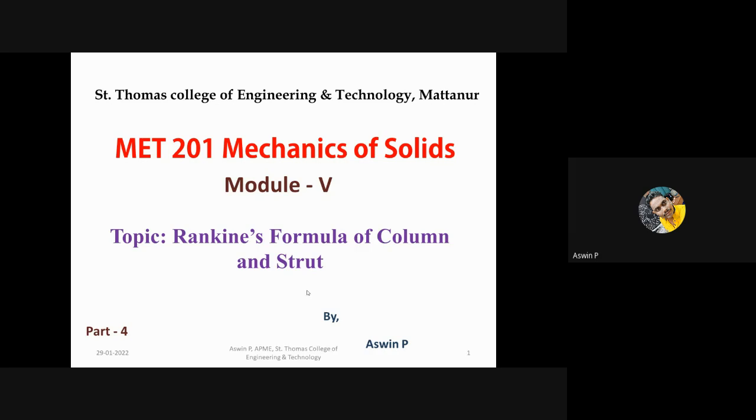That was the Euler's equation. So now we will go to Rankine's formula. Don't think that it's a difficult equation. No, it's not that difficult. It's a small equation, but the requirements are a little different compared to our normal Euler's equation.